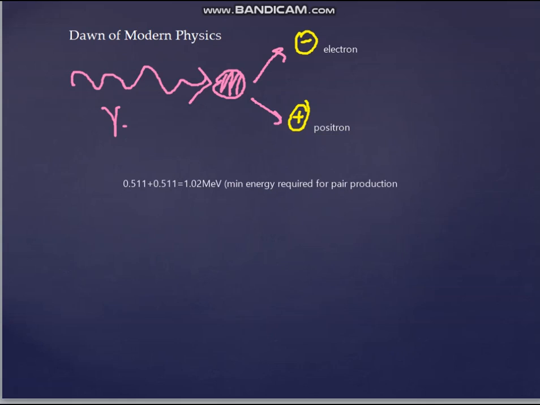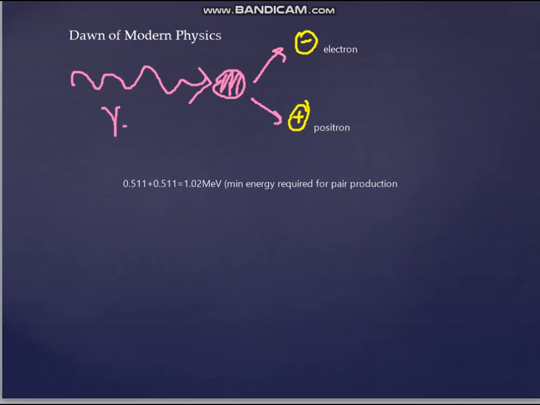What is the energy of the photon? The energy of the photon will be h nu, equal to 2 m naught c squared plus the kinetic energy of the positron and the kinetic energy of the electron.